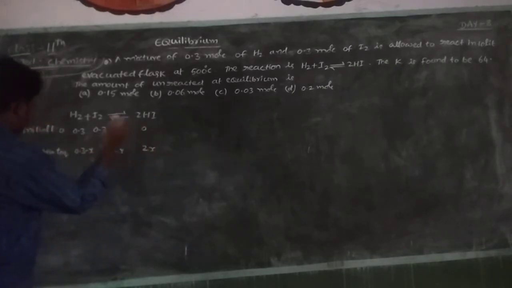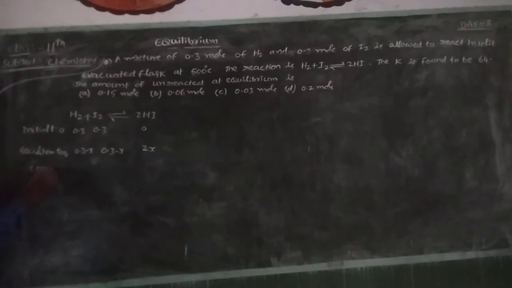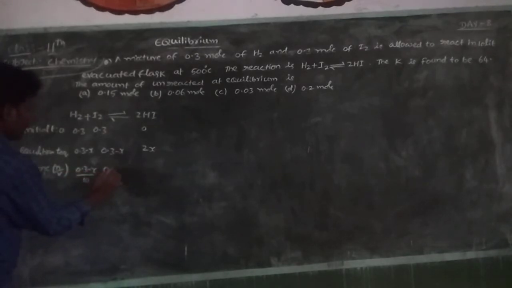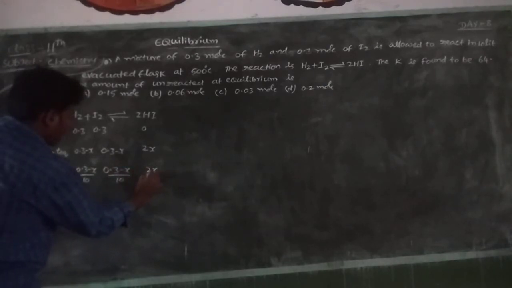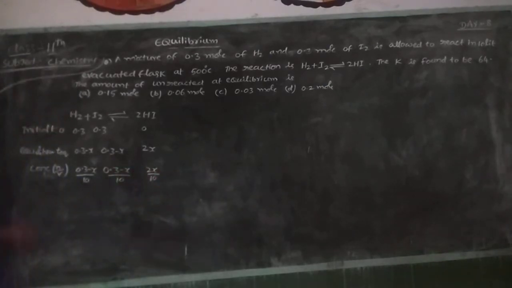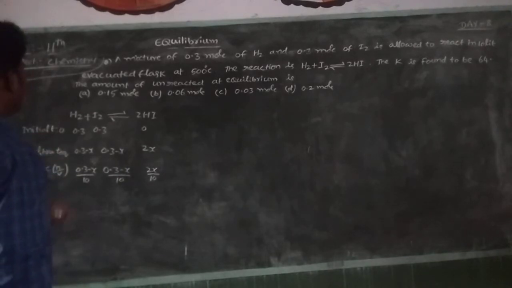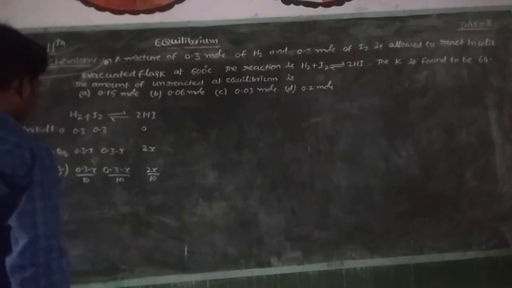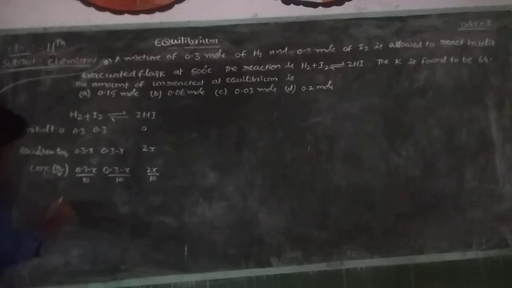This one is 2x. At concentration, concentration means what? Number of moles by volume. 0.3 minus x upon 10, 0.3 minus x upon 10, 2x by 10. We have to find the amount of unreacted at equilibrium. Already Kc is given.